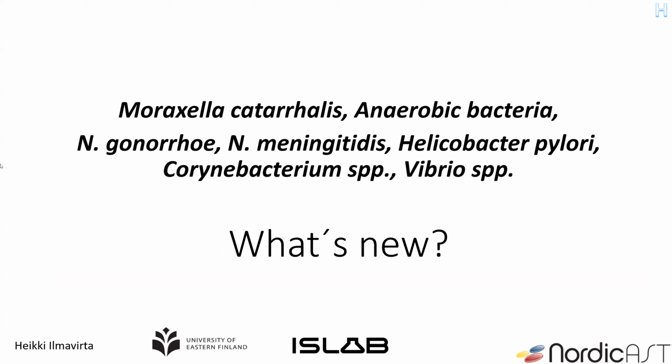Okay, so here are the last species, and for most of these there is nothing new to report, which you can see in the next slide if you change to the next one, please.